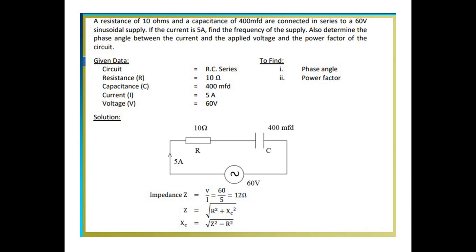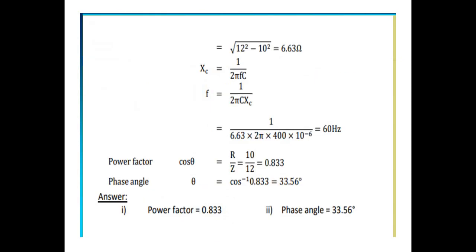Impedance Z is equal to V divided by I, supply voltage 60 divided by current 5, that is 12 ohm. Z is equal to root of R squared plus X squared. Now calculate X is equal to root of Z squared minus R squared, that is root of 12 squared minus 10 squared, equal to 6.63 ohm.